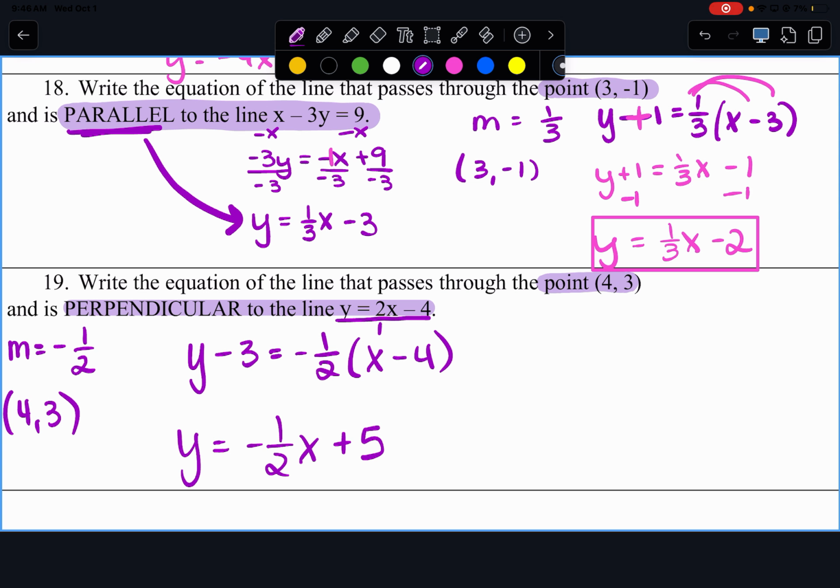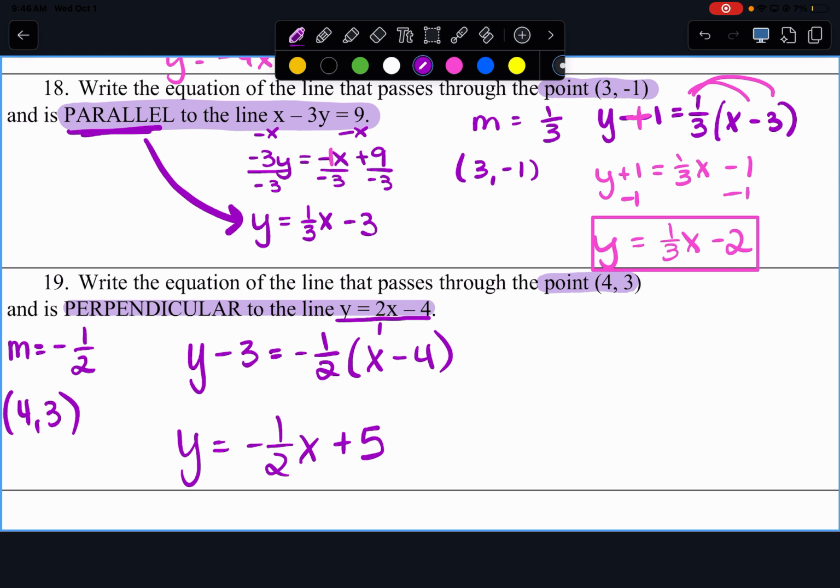You need to know how to use point slope form. That is a biggie. So you set it up in point slope form by doing y minus 3 is equal to negative 1/2 times x minus 4. You solve it for y, you get y equals negative 1/2 x plus 5. So let's talk about practice.